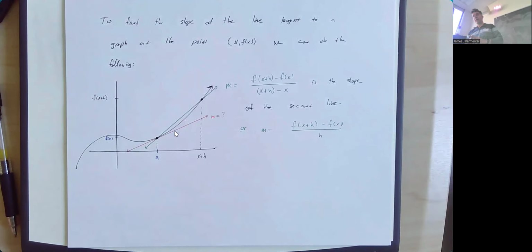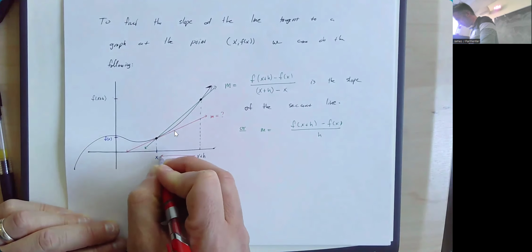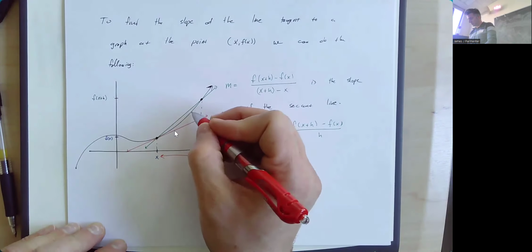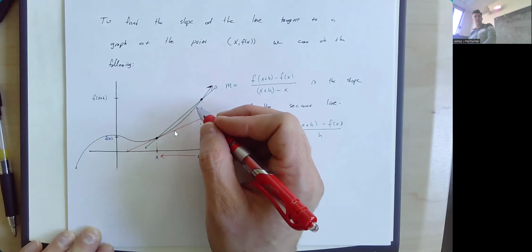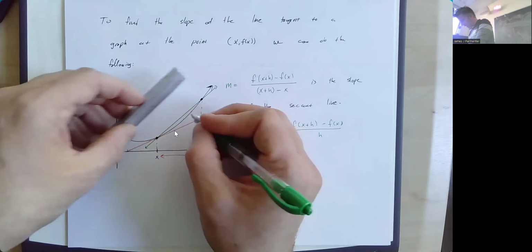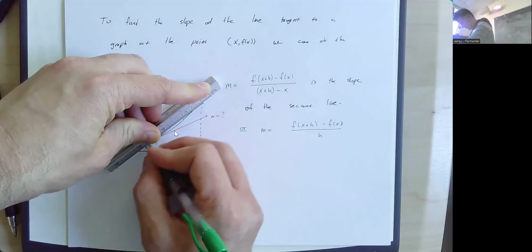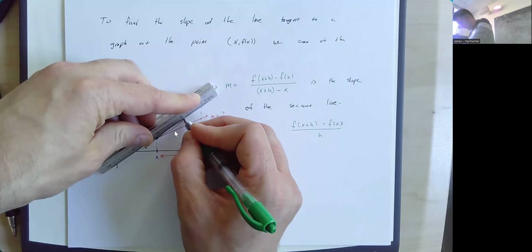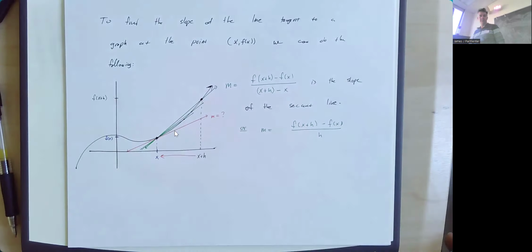So now, if I want to find the slope of the tangent line, I have to let this point get closer and closer to that point, so that I find lines that are closer and closer to having the slope of the tangent line.